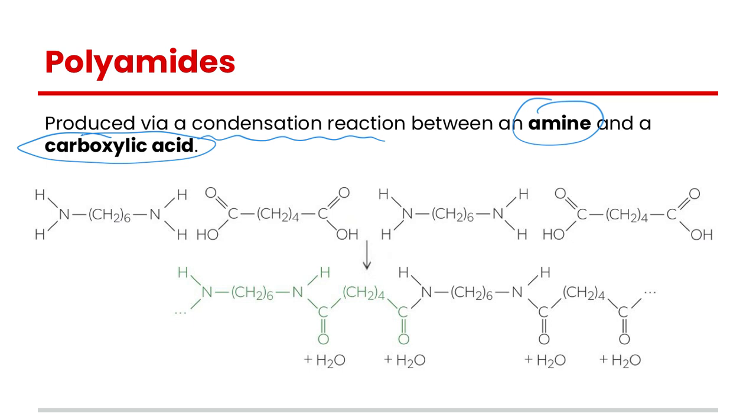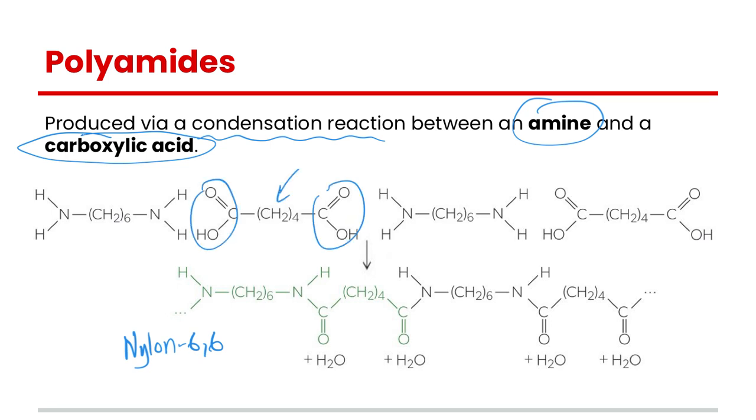Now, the reaction I'm showing you here on this screen is essentially creating what we call nylon 6,6. And it's called nylon 6,6 because we're taking a reaction between hexanedioic acid. So we've got two carboxylic acids here.